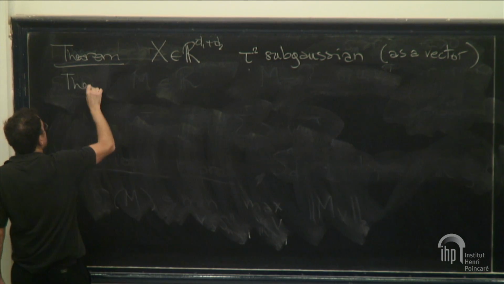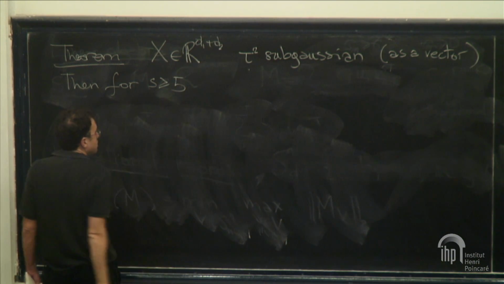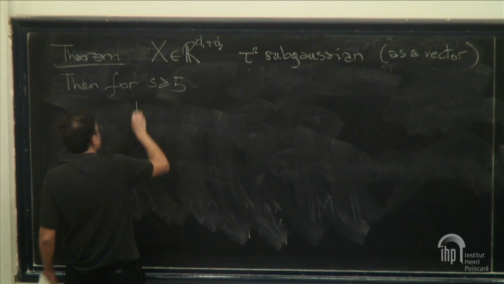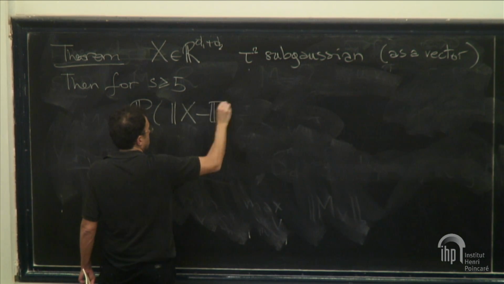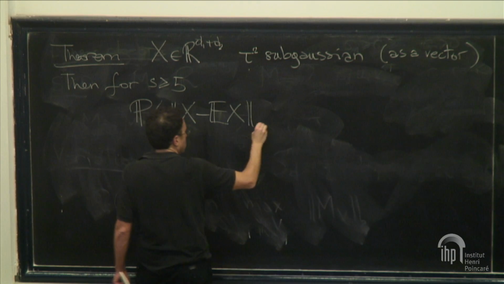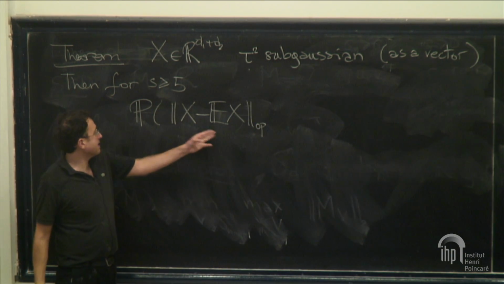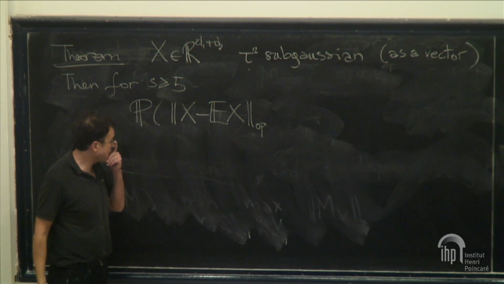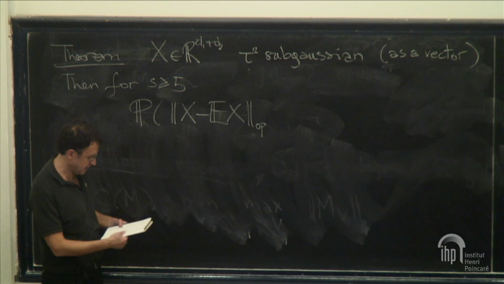Then, for any s bigger or equal than 5, compare x to its expectation in operator norm, or take the maximum singular value of x minus the expectation.